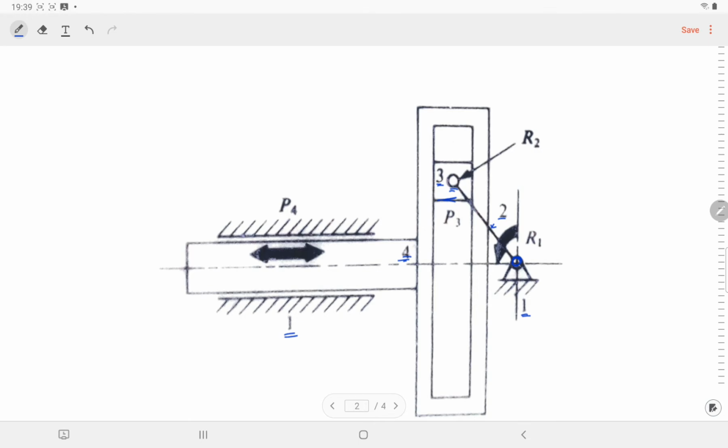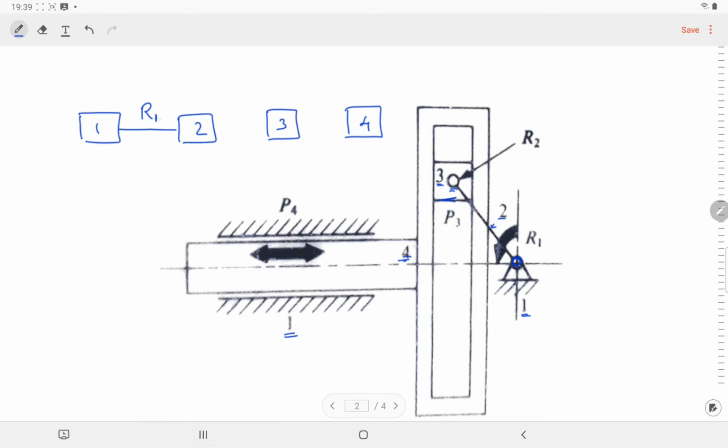Okay, so let's call these boxes link 1, link 2, link 3, link 4, where link 1 and link 2 are connected using a revolute pair.